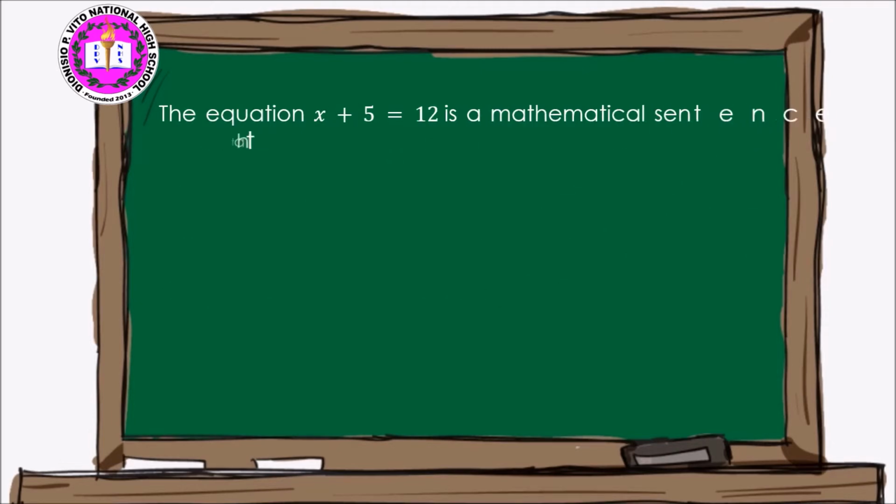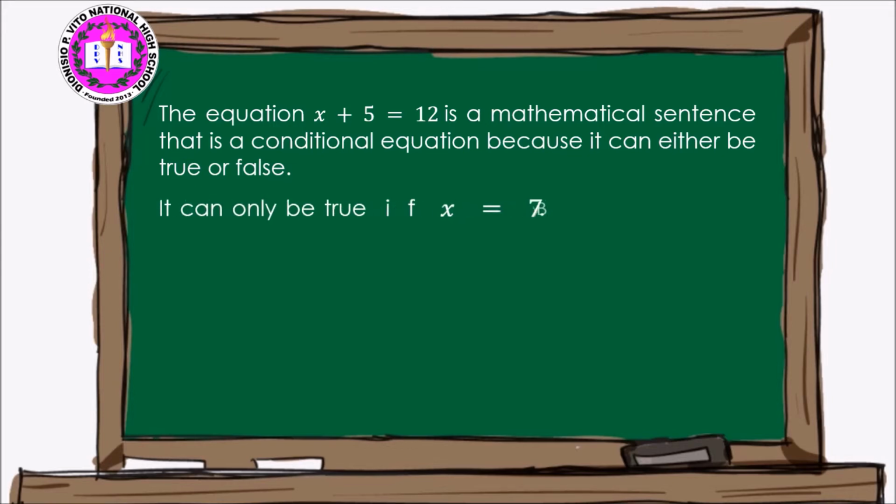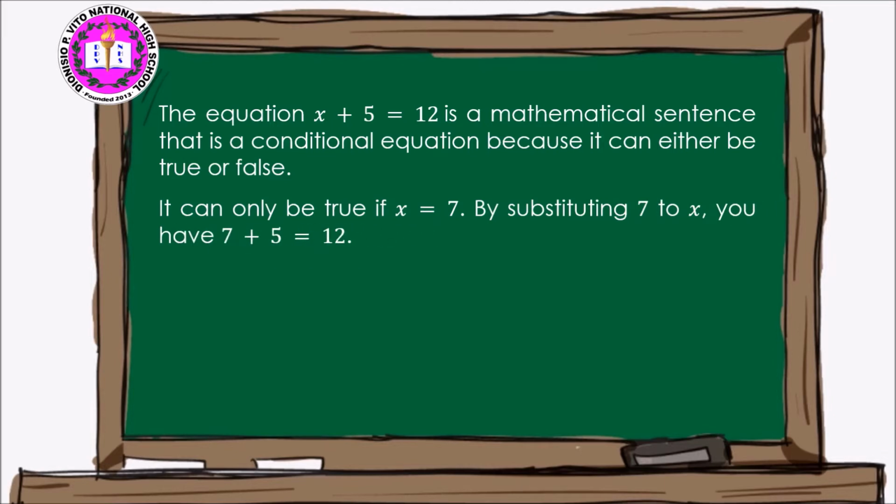The equation x plus 5 is equal to 12 is a mathematical sentence that is a conditional equation because it can either be true or false. It can only be true if x is equal to 7. By substituting 7 to x, you have 7 plus 5, which is equal to 12.